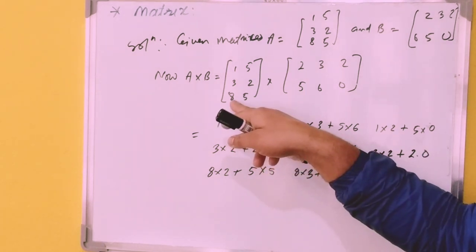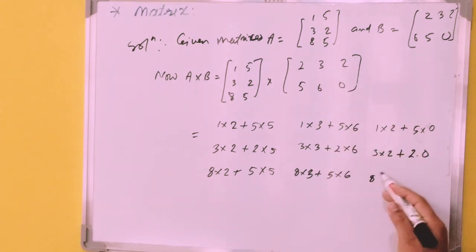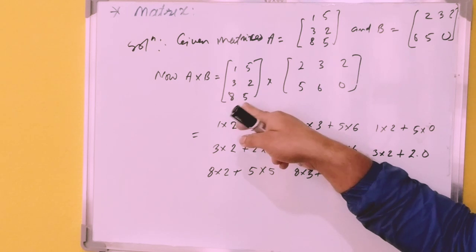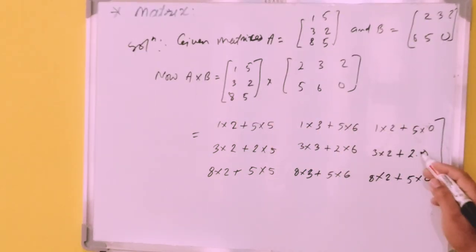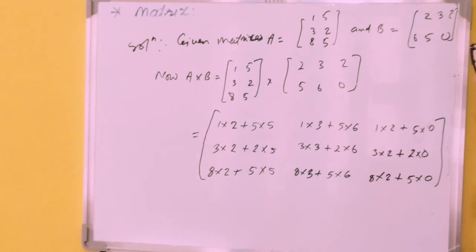Again for the third row and third column, 8 into 2 and add another 5 into 0. Close this rectangular bracket, which is equal to, just multiply and add that one.